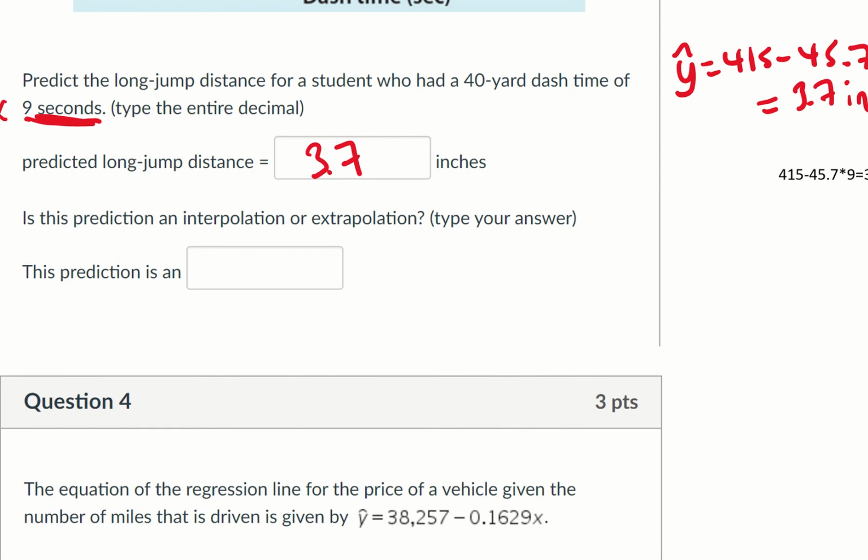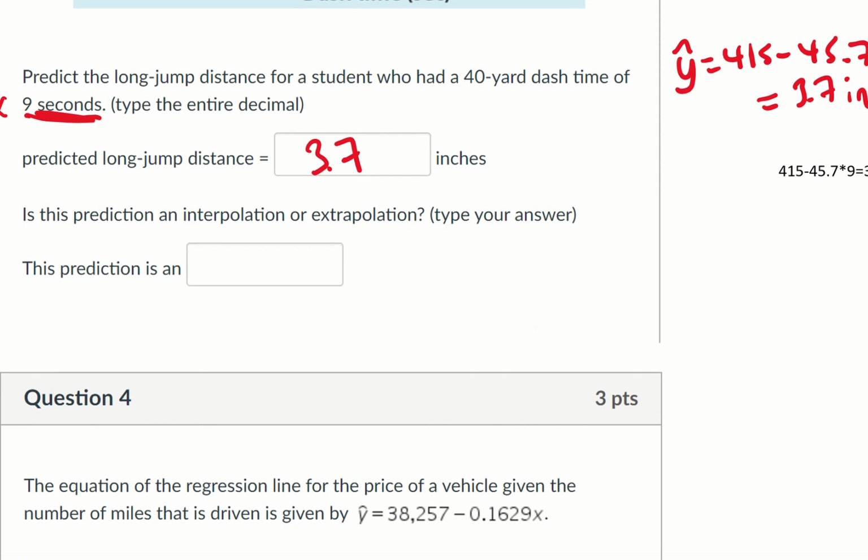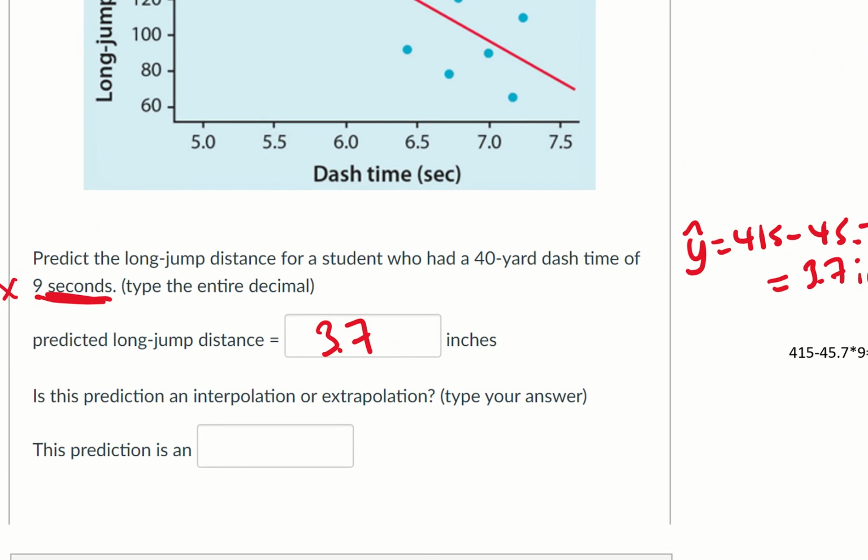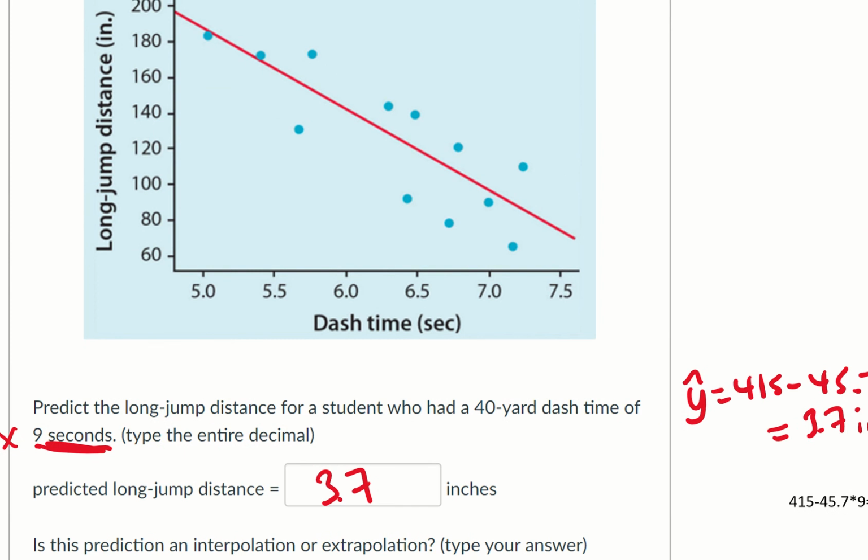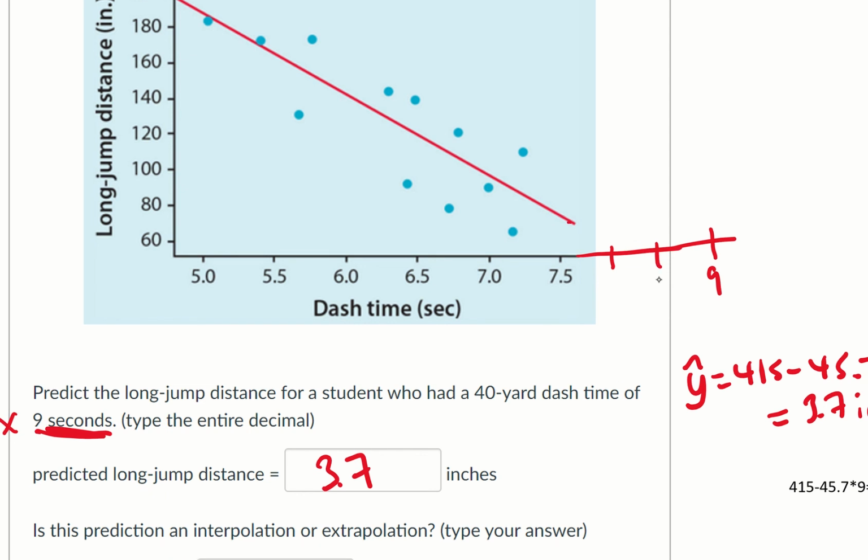Type your answer. So basically what we did is we did it for 9 seconds. And notice that 9 seconds is beyond 8, 8.5. So basically we had to extend past the data in order to make that prediction. And so therefore this prediction here is actually an extrapolation because we went outside the data set.